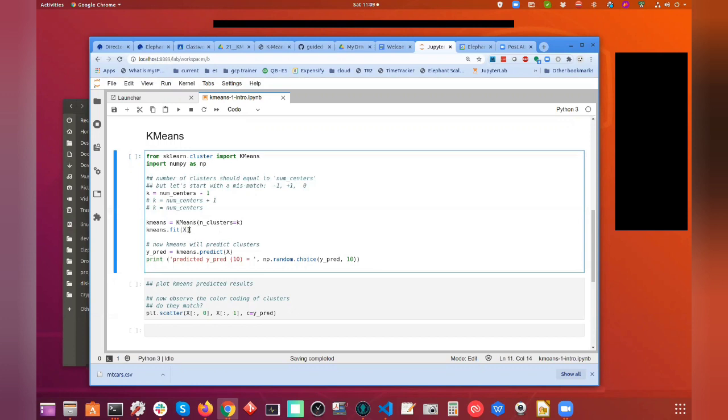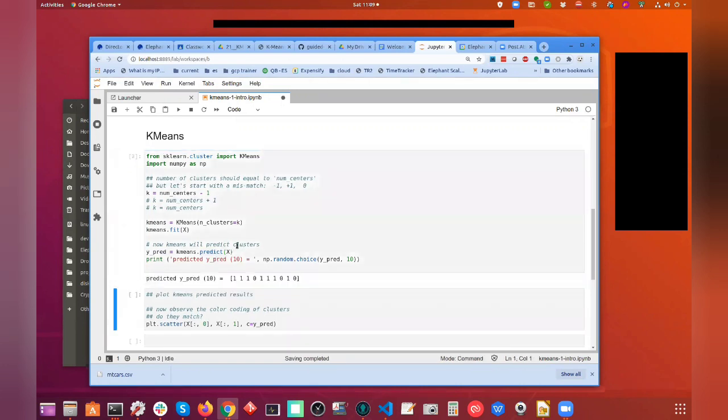So fit, that's it. All of this is pretty straightforward. So K-means fit, and then I'm predicting, saving it in y_pred. Let me show you how it looks. Remember, we had two clusters.